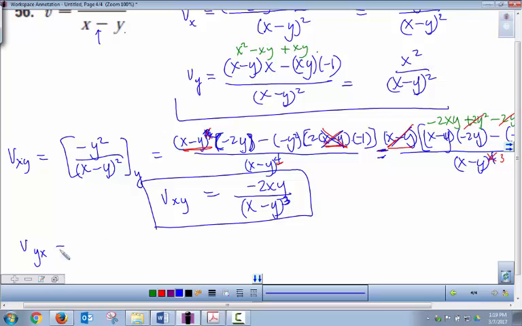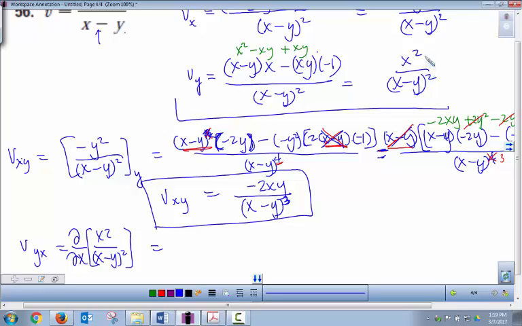So it's x squared over x minus y quantity squared, and then we want to take the derivative of this with respect to x. So I'll switch notation here and say the partial with respect to x of this thing. I'll use the partial notation, but we're really looking for the same thing here.